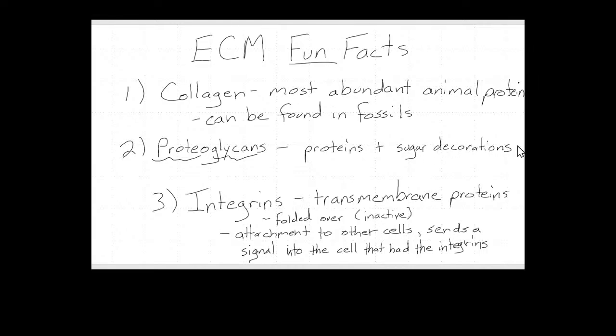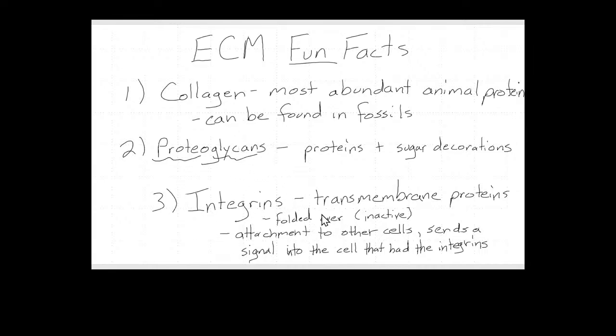That's why I called it decorations, because you can get different versions of sugars on the surface of the proteins, and then it'll be transported outside the cell. So a lot of times transmembrane proteins or secreted proteins, or in this case the proteoglycans, are going to have a bunch of sugar on them, and that's from going through the endomembrane system. So that's a tie-in to a couple lectures ago.